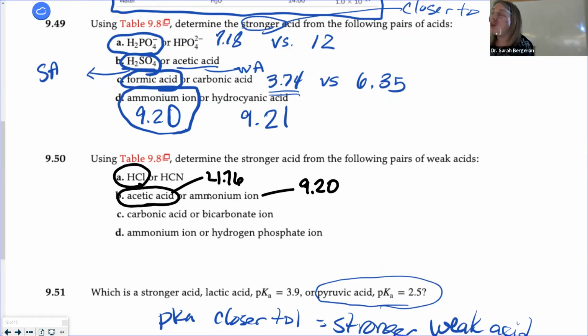Acetic acid. It is closer to a value of 1. Carbonic acid. What's my pKa value? How about bicarbonate ion? Which one is the stronger acid? Carbonic acid. All you're doing is finding the one that's closest to 1.